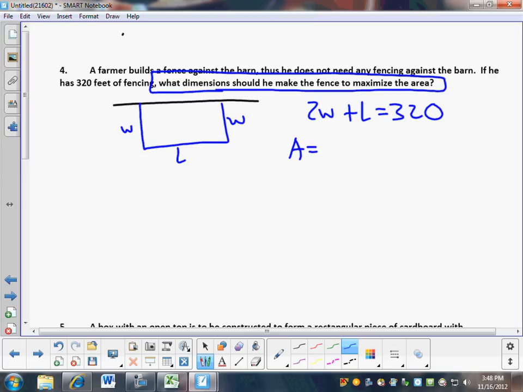So area is equal to length times width. Solving for L, we get L is equal to 320 minus 2W.